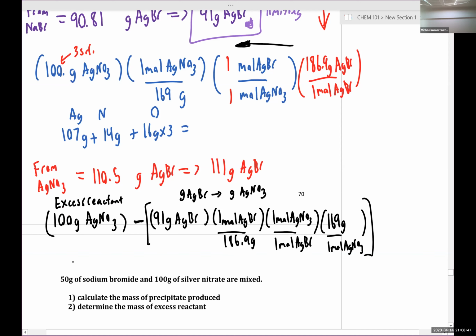So punching this into our calculator really quickly, would someone like to volunteer in the chat what mass of excess reactant, what mass of silver nitrate do we have remaining?